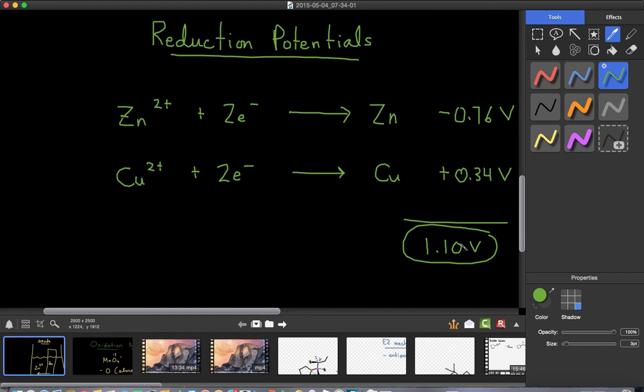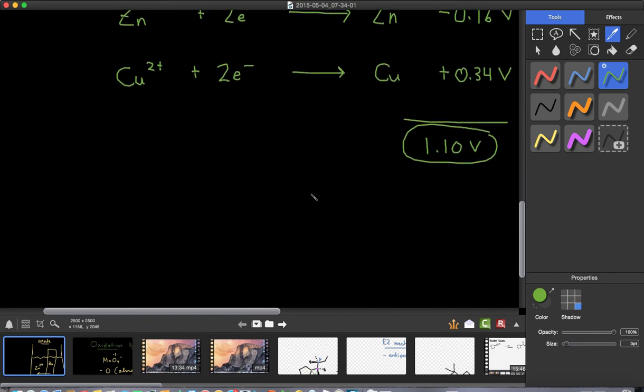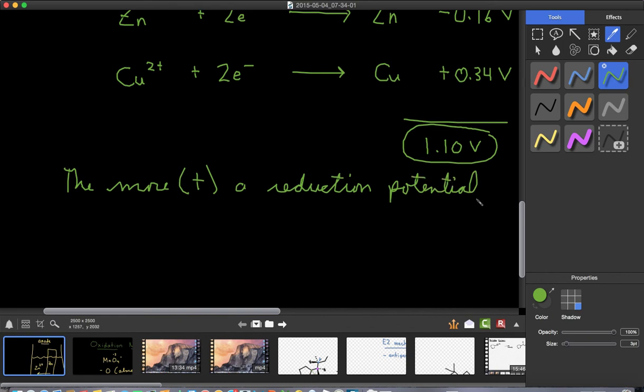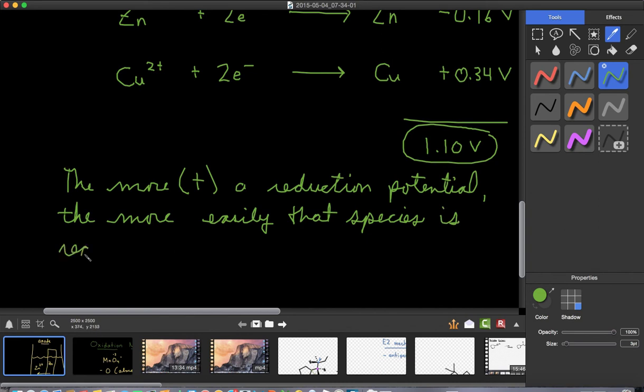The more positive a reduction potential is, the more easily that species, and of course that species is going to be the reactant, is reduced.